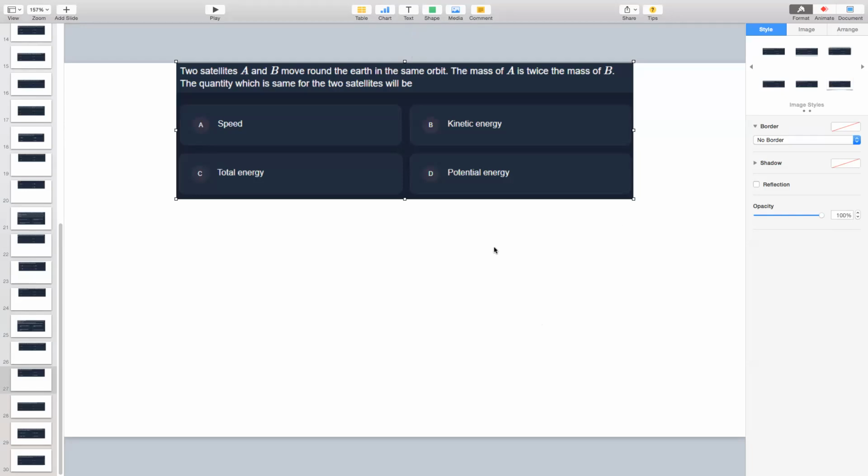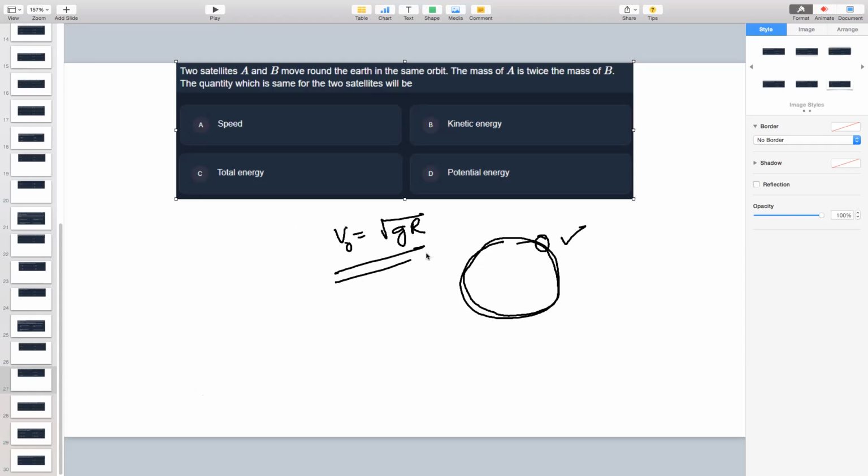Yes. See here, when a satellite is moving in an orbit, this orbit has a particular speed. The speed of that orbit is given by v equal to root gR. This is called parking orbit. It depends on the distance of the orbit. It does not depend on mass.